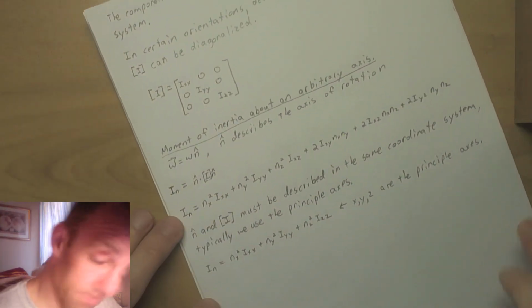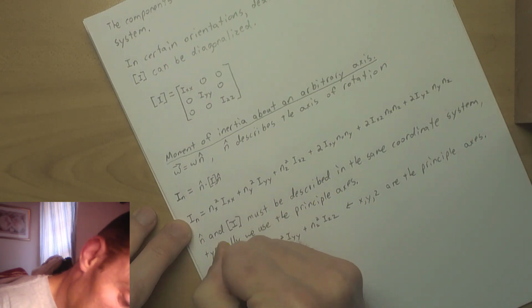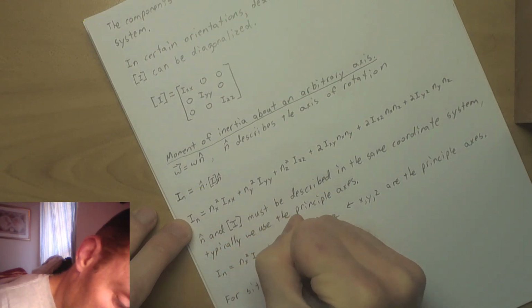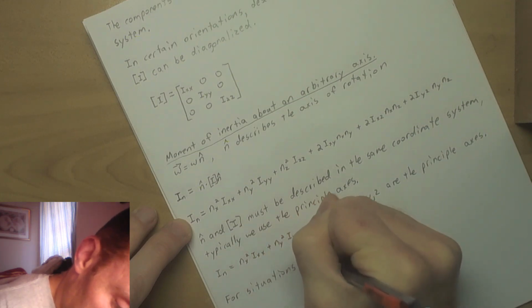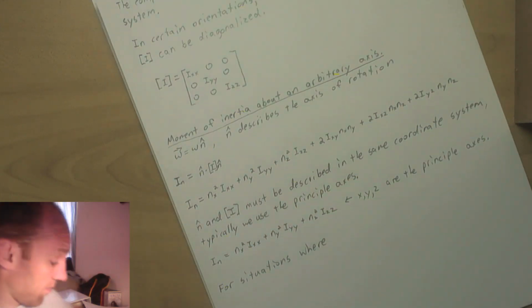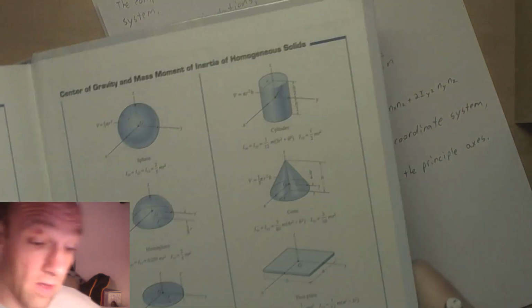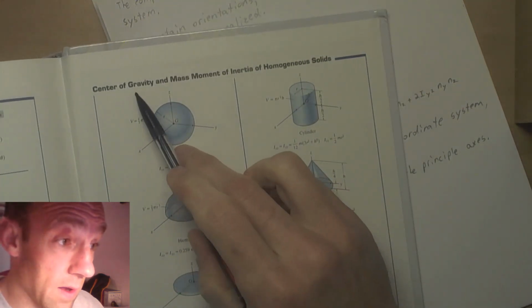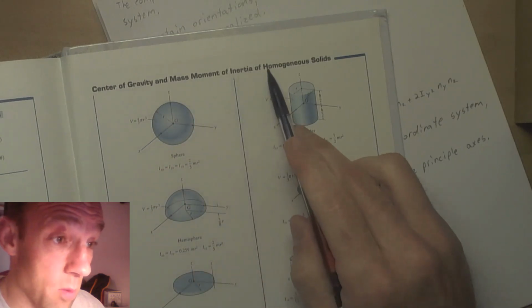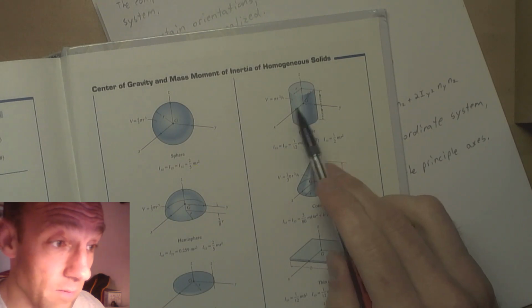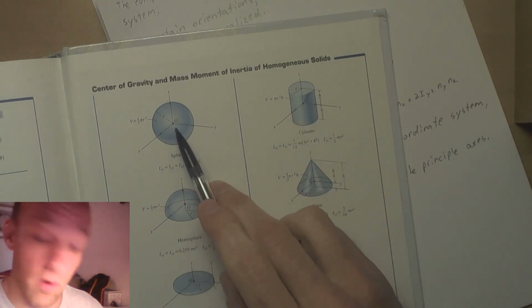To do that, if you notice, it says so in the title here, the center of gravity and the mass moment of inertia are centered at that point G, the center of mass.